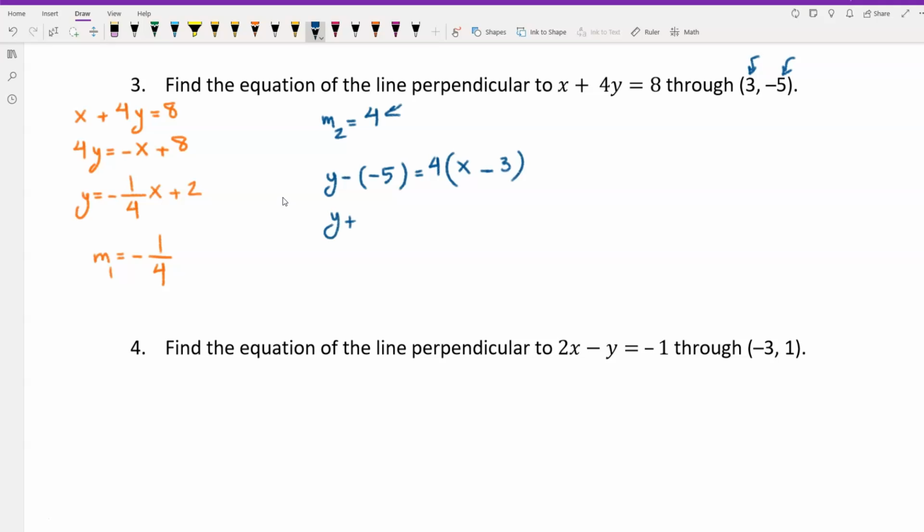So we have y plus 5 equal to 4 times x minus 12. Subtract 5 from both sides. Y is equal to +4 times x, -12, minus 5, we have -17. So this is our equation, y equals 4x minus 17.